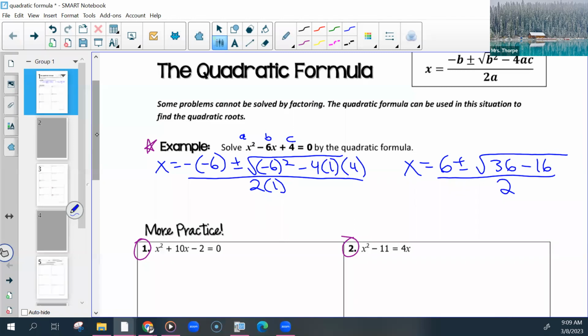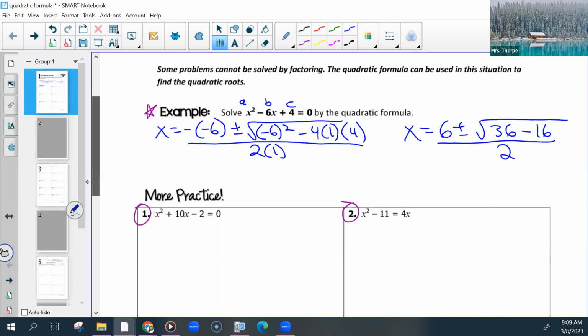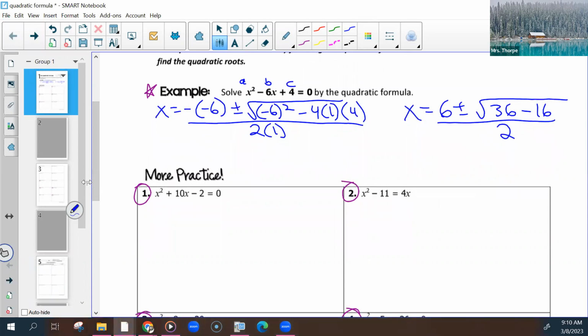So it looks a little simpler, but we have to keep going. I may need more space because I'm running super long. Subtract what's inside the square root. Did I do that math right? I think so. And then look and see if this is a perfect square or not.